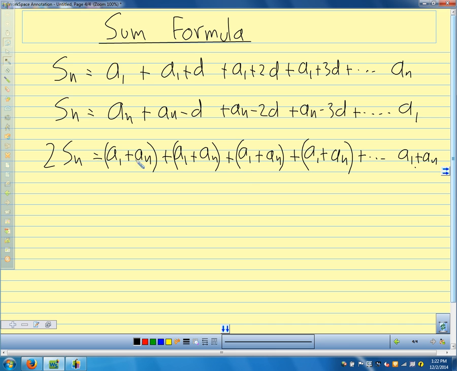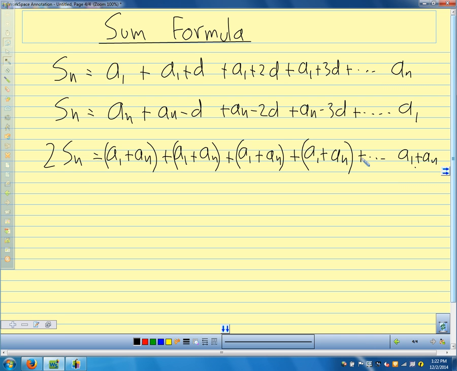So how many terms do I have here when I do s sub n? How many terms am I adding up? N terms. So how many of these am I adding together? N. So if I add something together n times, that's the same as doing what to it? What do I do with the n?